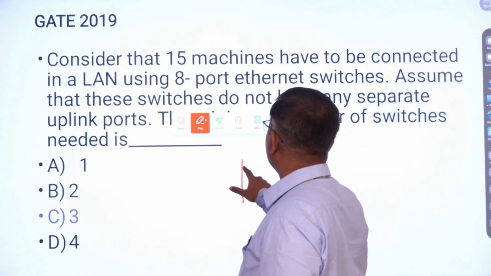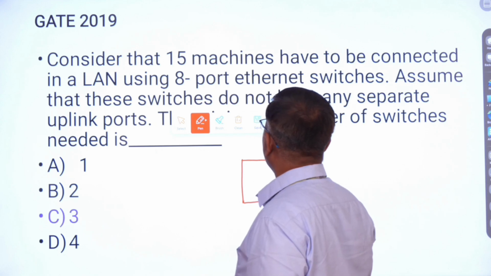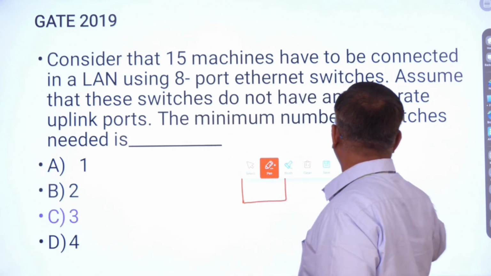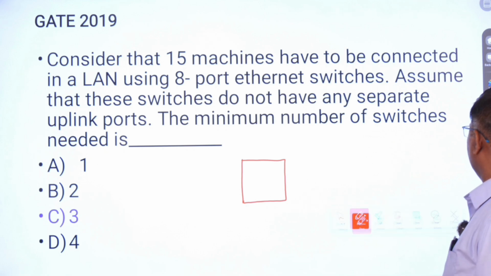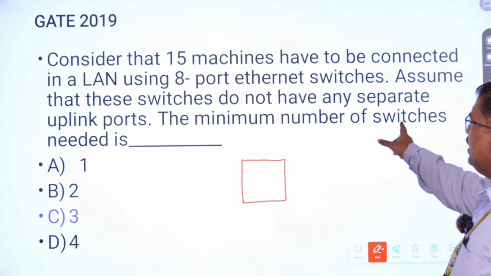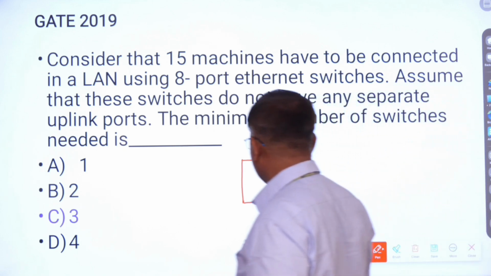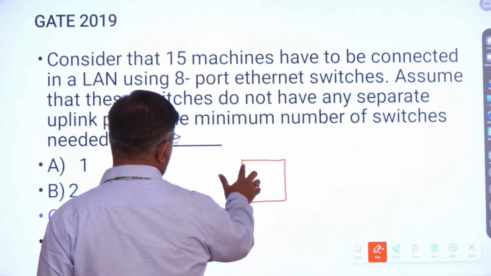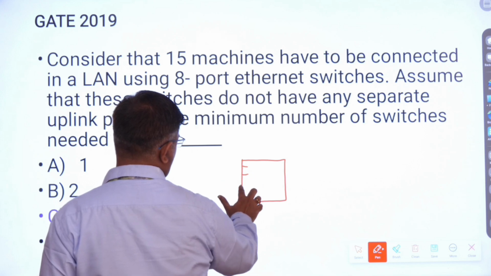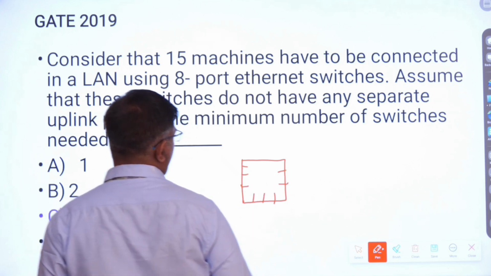So here 15 machines will be there. Assume that these switches do not have any separate uplink ports. What is the minimum number of switches needed? One switch is 8-port, so it has ports 1, 2, 3, 4, 5, 6, 7, 8.